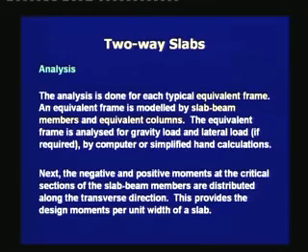That means the procedure is, once we have defined the equivalent frame, we analyze the equivalent frame for the gravity loads, which is the dead load, live load, or if there is snow load at the roof, and we may also analyze it for lateral loads like wind or earthquake.